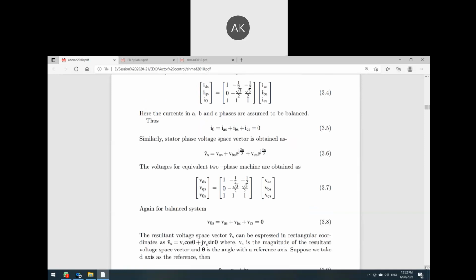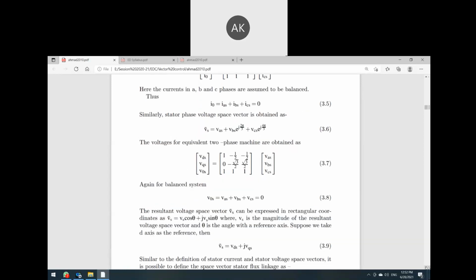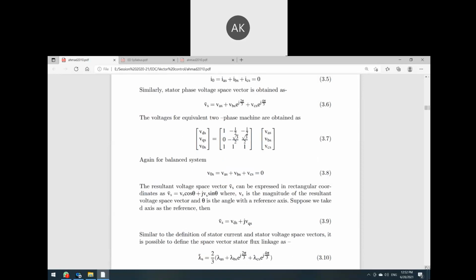Again, for the balanced system, V0 equals Vas plus Vbs plus Vcs equals 0. So from this equation we convert ABC to DQ reference frame, and by taking the inverse of this matrix we can get DQ to ABC.